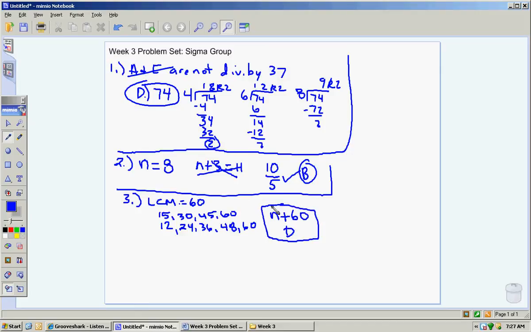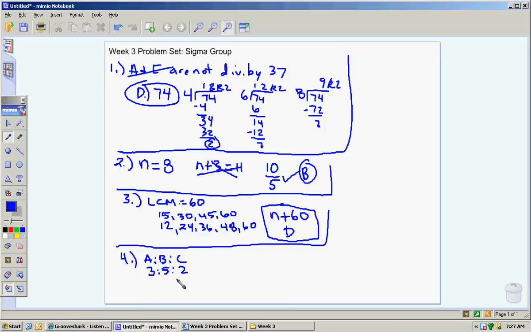On to 4. In number 4, we're comparing A, B, and C. So we have A to B to C, and the ratios are 3 to 5 to 2. What we're trying to do here is scale up the ratios.